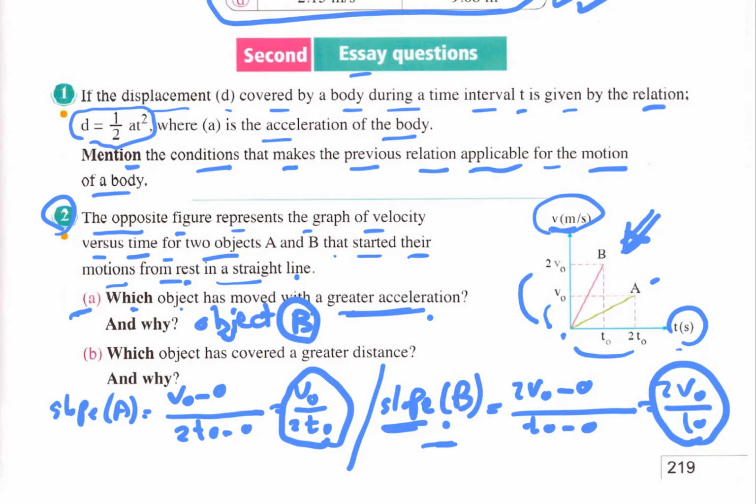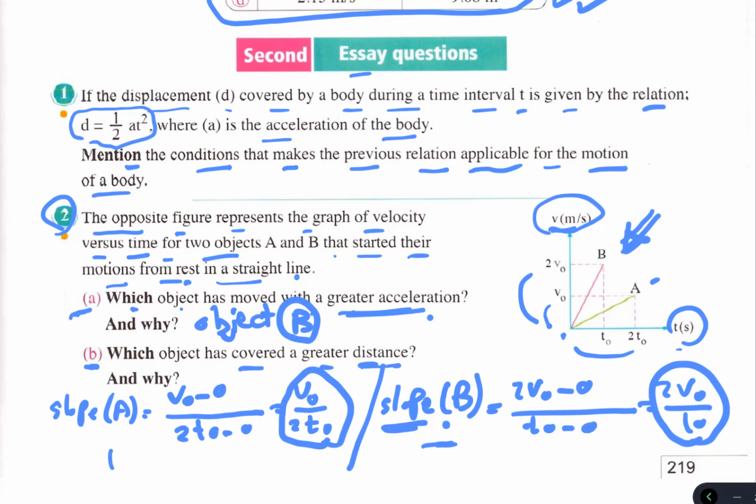Let's go to next. Which object has covered a greater distance? You can use the law to know which has greater distance.